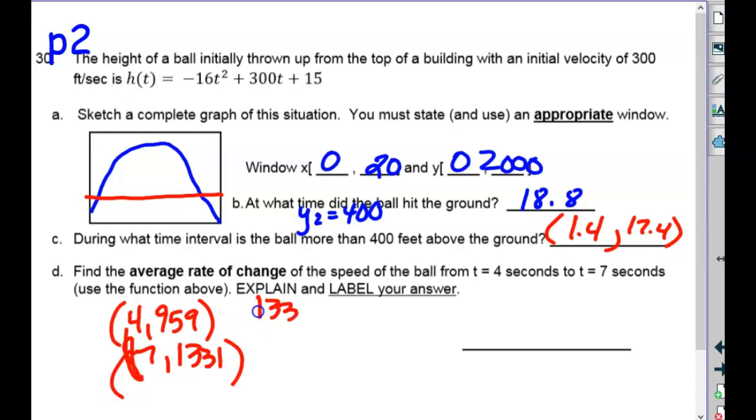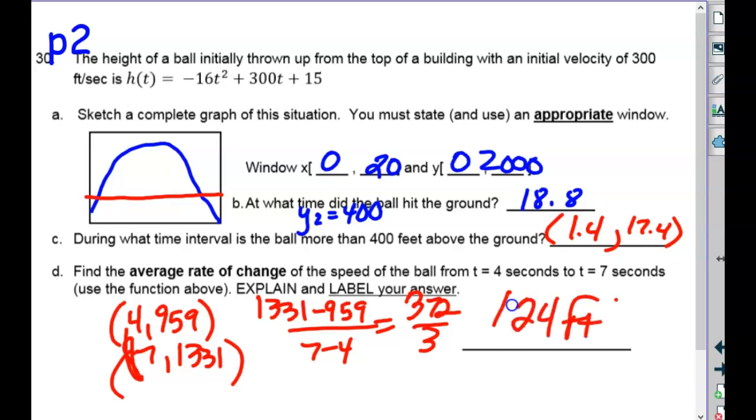So 1331 minus 959 over 7 minus 4 is something over 3. It's 372 over 3, which is 124 feet per second. And it was actually climbing. It's positive on that one.